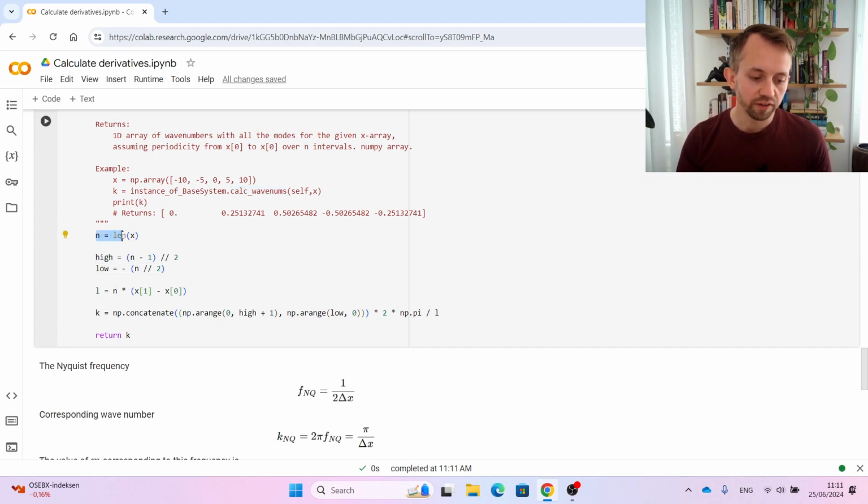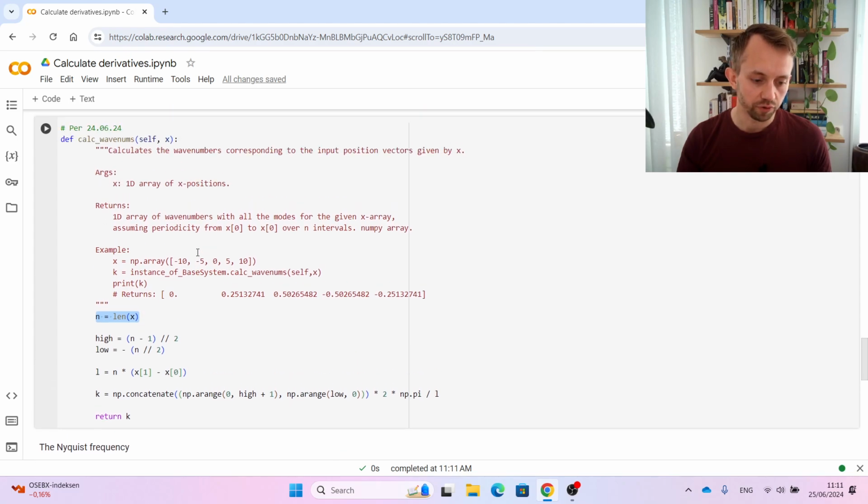So it finds n as the length of whatever position vector you're inserting into it, and then it's calculating something called high and low, which is used to calculate these wave numbers. And here you can see the 2 pi divided by L. So L is n times dx, right?